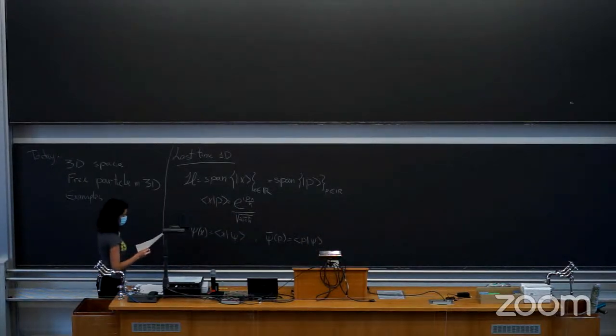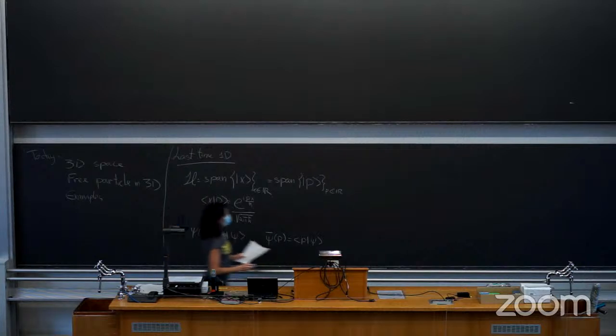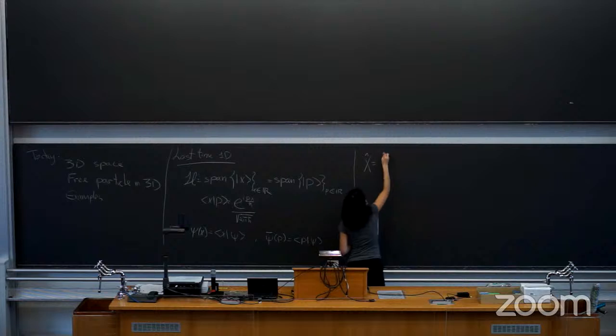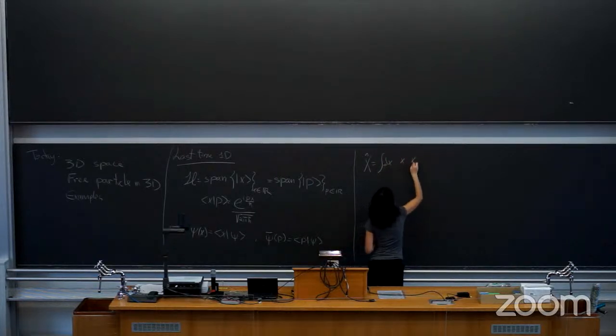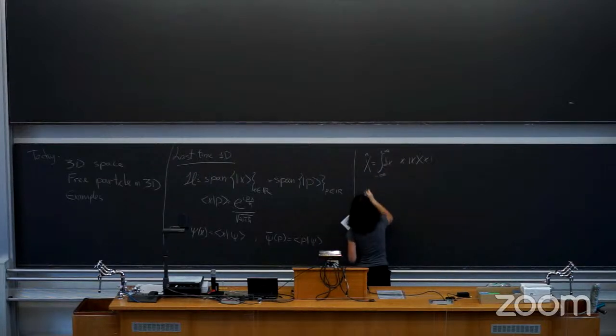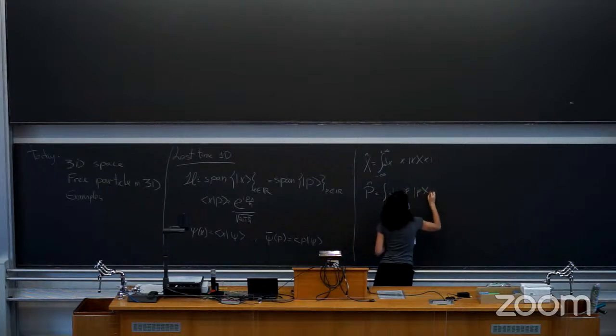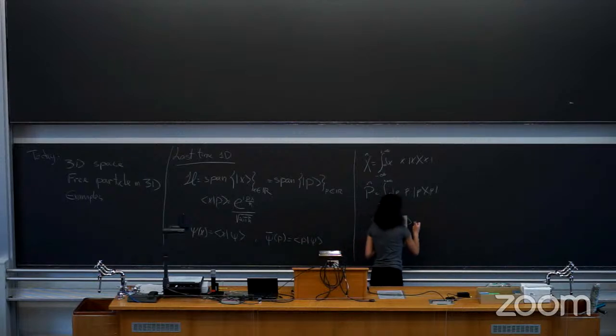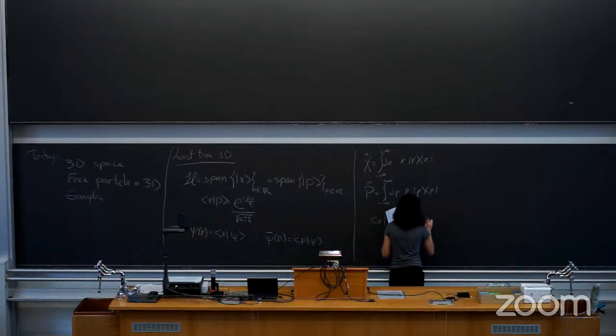And maybe I'll also add here some operators that we looked at. So we looked at the position operator, the momentum operator, and we saw also how they acted on the wave function. For example, we saw that the momentum operator was minus i h bar times the x derivative of the wave function.